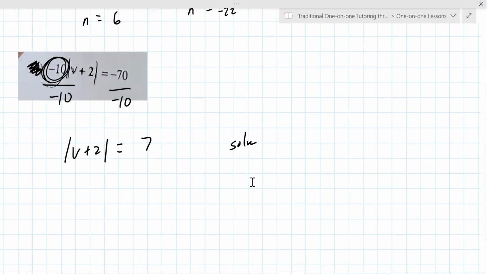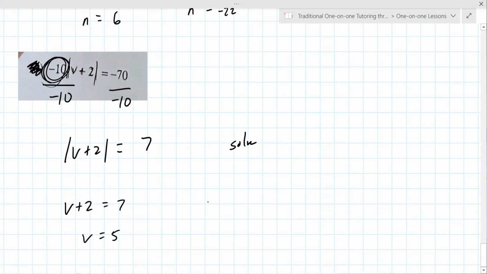Solve two equations. V equals 5. Okay, that's true for this equation.